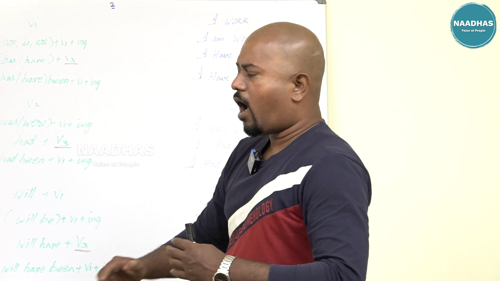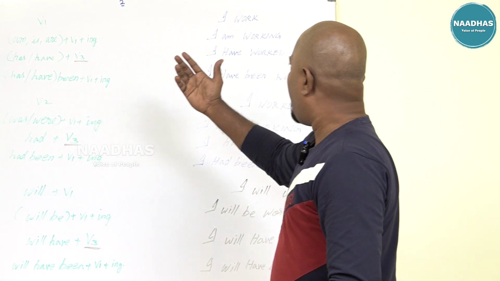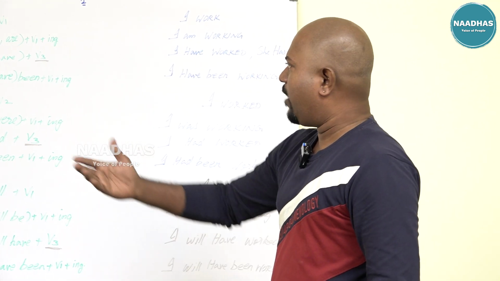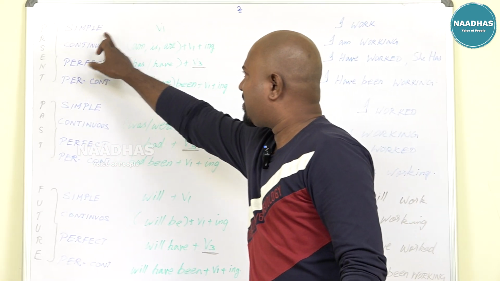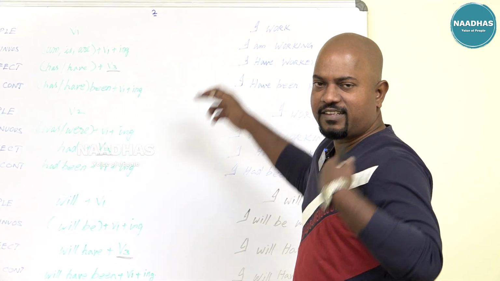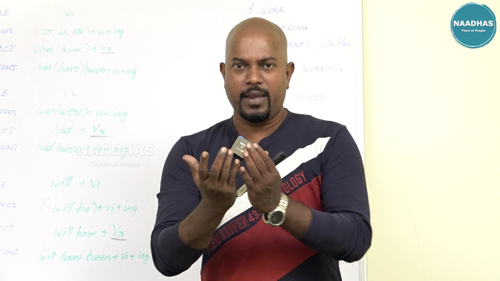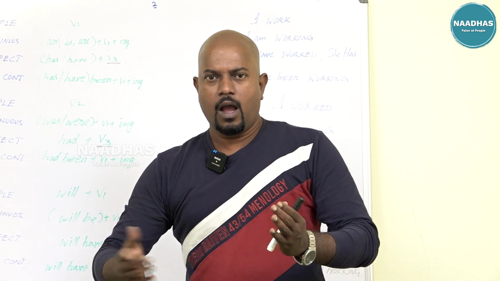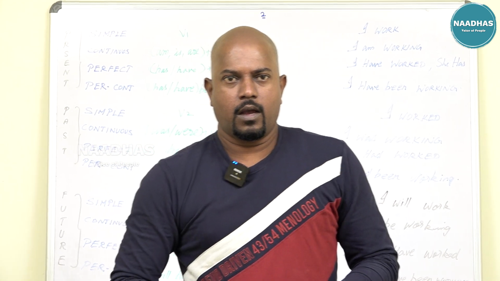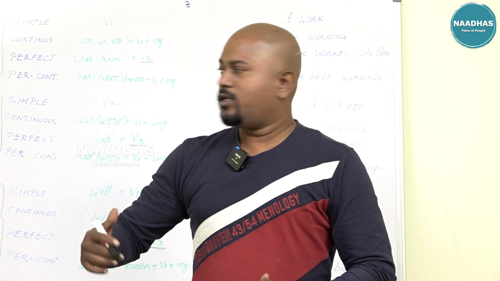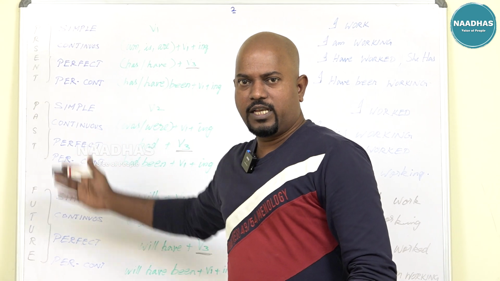So how am I going to use them while framing a sentence? For example, we go with the simple present tense, just V1. I is the subject, always, while framing a sentence. Before that I need to discuss a few things. So why should I know these 12 tenses?